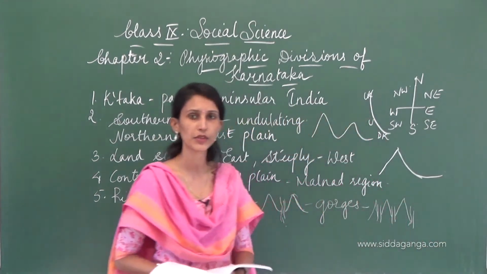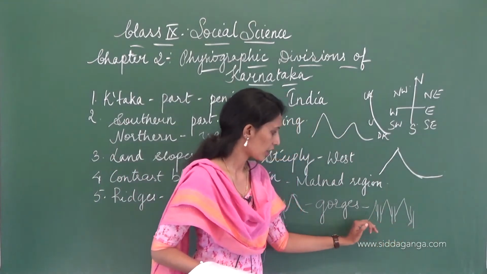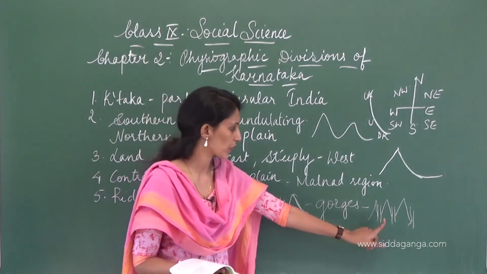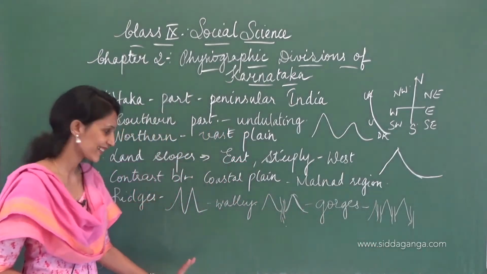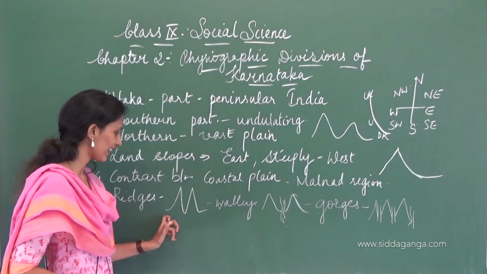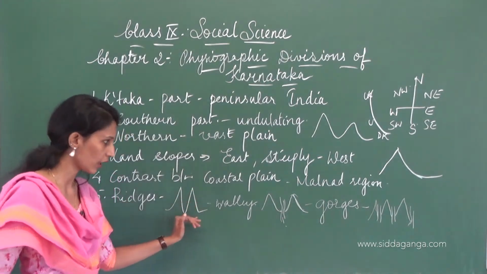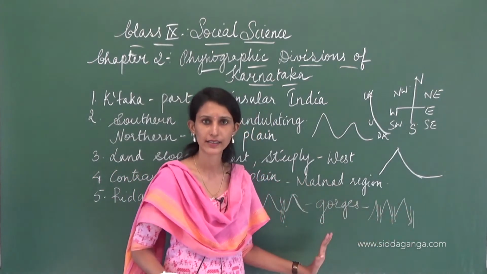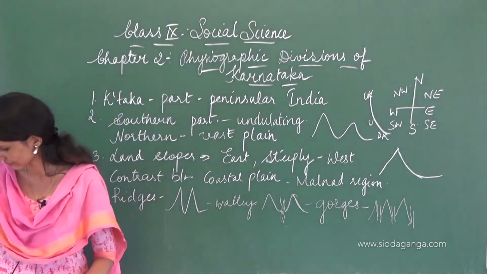Understand the drawing in simple terms. Gorges are narrow valleys going on between the hills. All look similar, but understand the meaning. Ridges are narrow hilltops, in between them the valleys are going on, and gorges are narrow valleys between the hills. I hope you are getting what I am trying to tell you.